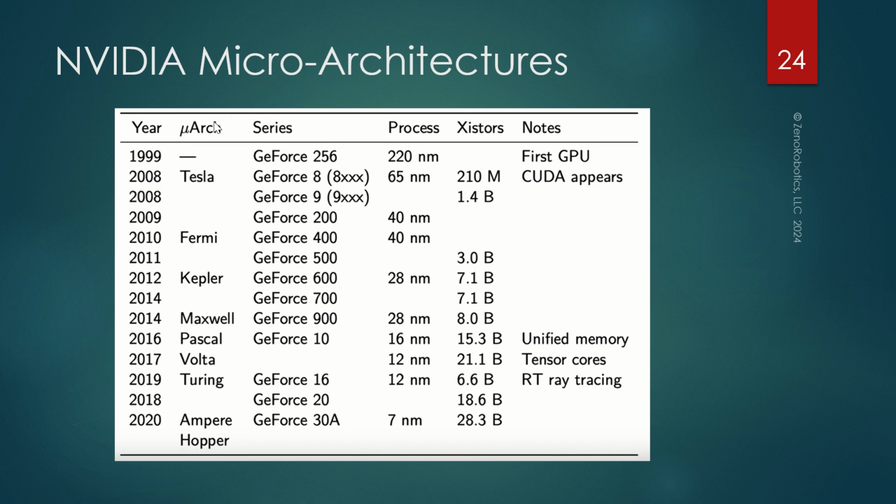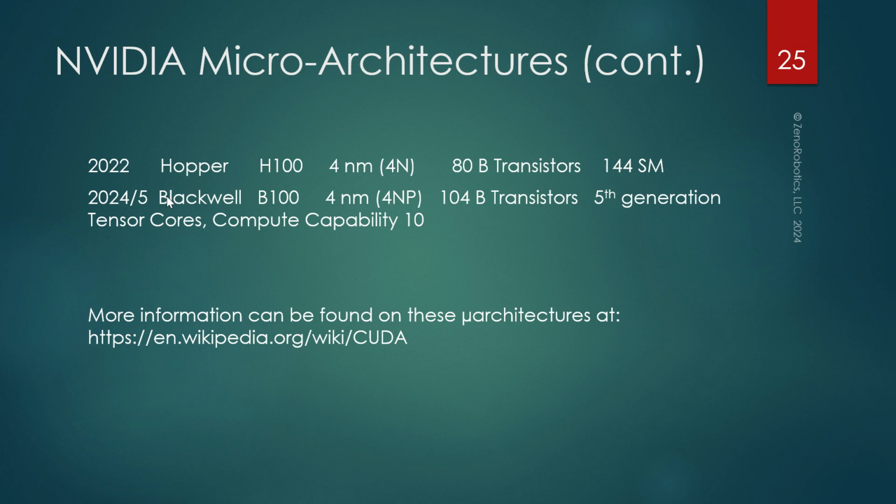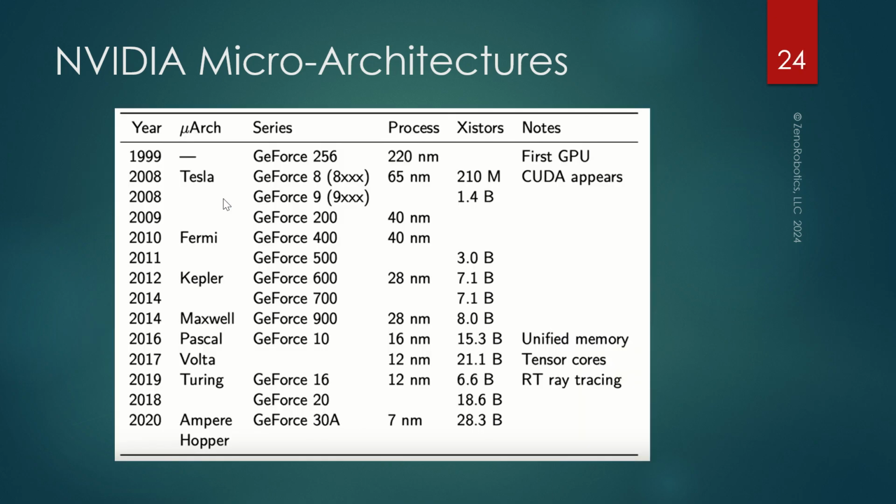And so this is the history of GPU architectures, pretty much covering all the way up to Blackwell, which is the most recent that hasn't quite been released to the public, but companies anyway are scooping them up. So you go by the microarchitecture, and these are the older ones, so the first one is your Tesla, then the Fermi and the Kepler. So these are the names you typically would hear.